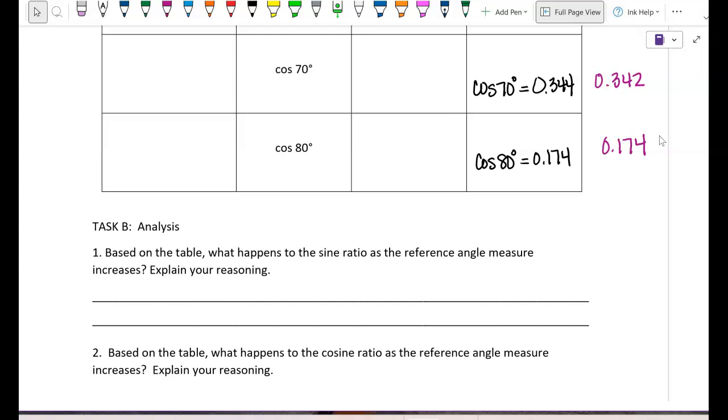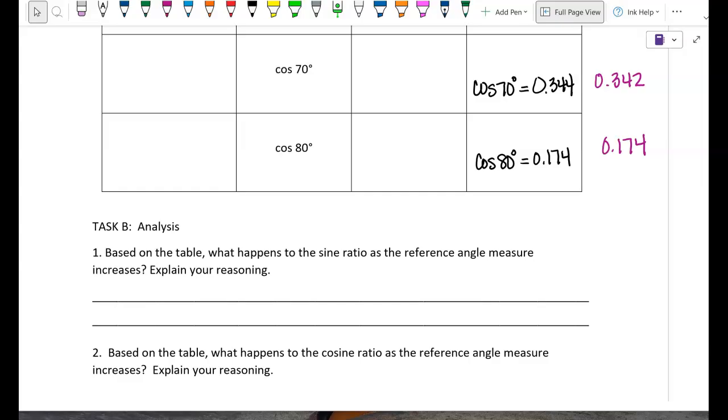So going back to just the sine ratios, what is happening to the ratio as the reference angle increases? I'll give you a moment to look back at your chart.